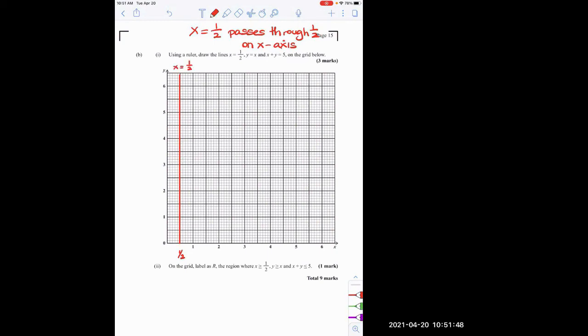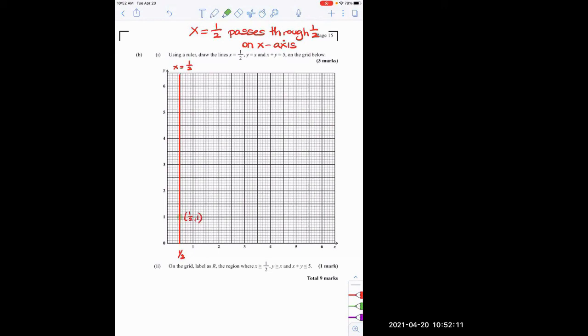So you may be wondering, well, miss, the x-axis is horizontal. How is that line vertical? Because it means that every point on the line, x is a half. If I ask you for the coordinates of this point, you will tell me it is a half, 1.